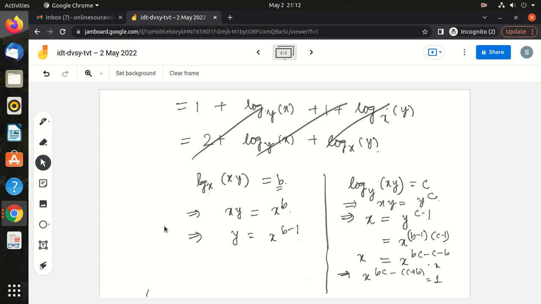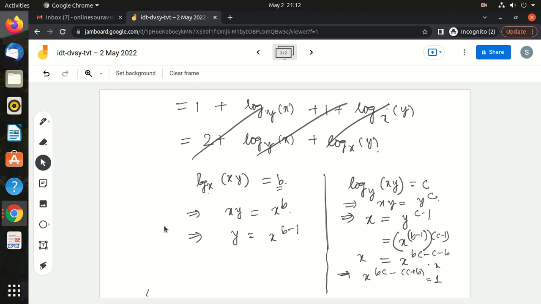And now, y you got here, y equals x to the power b minus 1. You just put it back here. Then x to the power b, whole to the power c minus 1, which is nothing but x to the power b minus 1 times c minus 1.